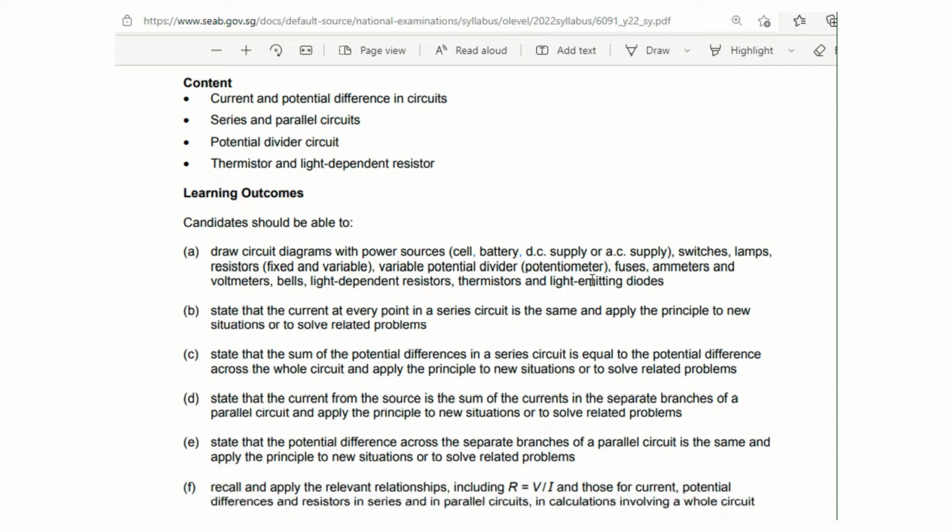Basically, for this portion, if you want to revise, just know the symbol for these items. If you have a cell or a DC supply or a battery, then this is what you'll be drawing. The long line is the positive terminal of the battery or cell, and the shorter line represents the negative terminal.